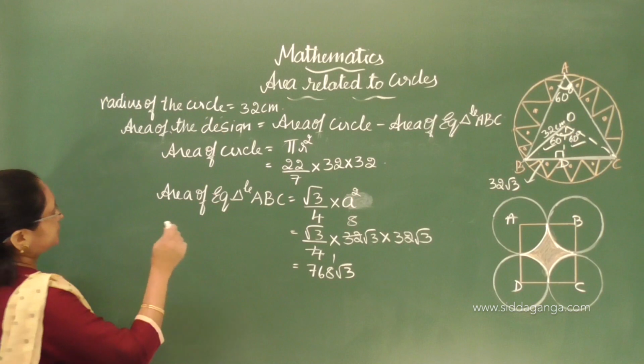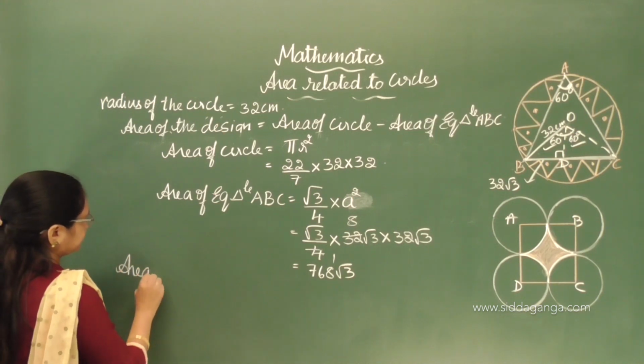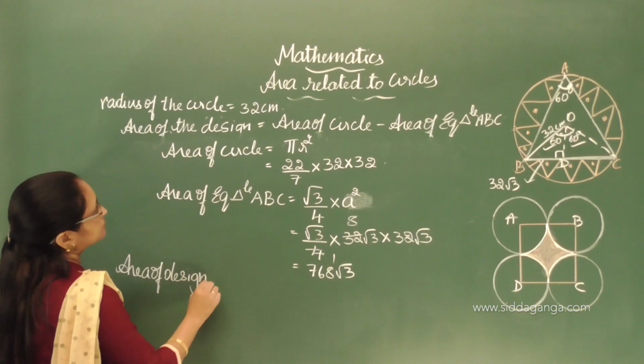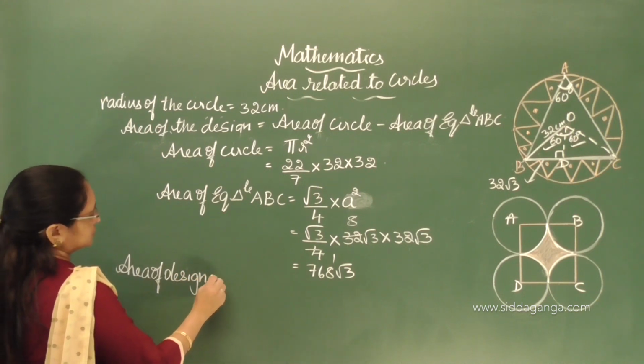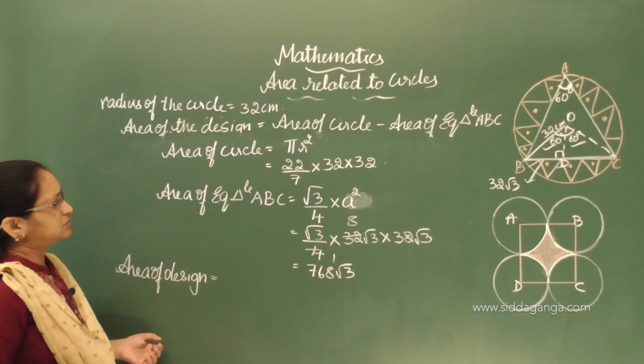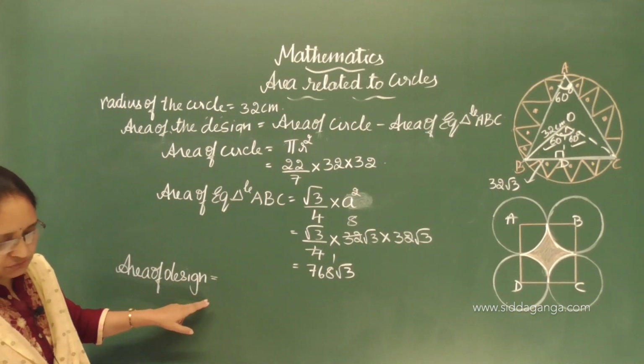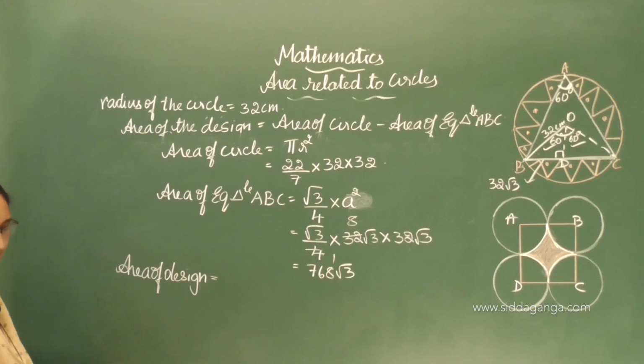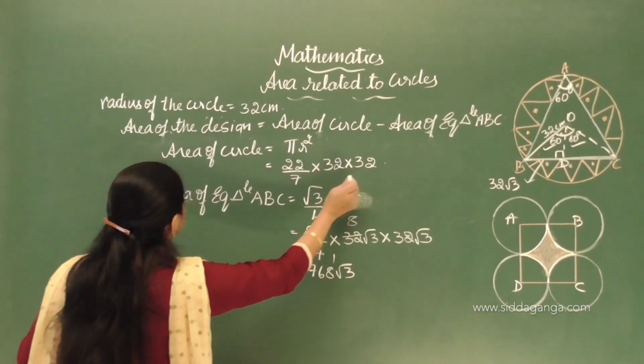Now, area of the design. Area of design is equal to 32 into 32. 32 into 32 is 1024. So 32 into 32 is 1024.